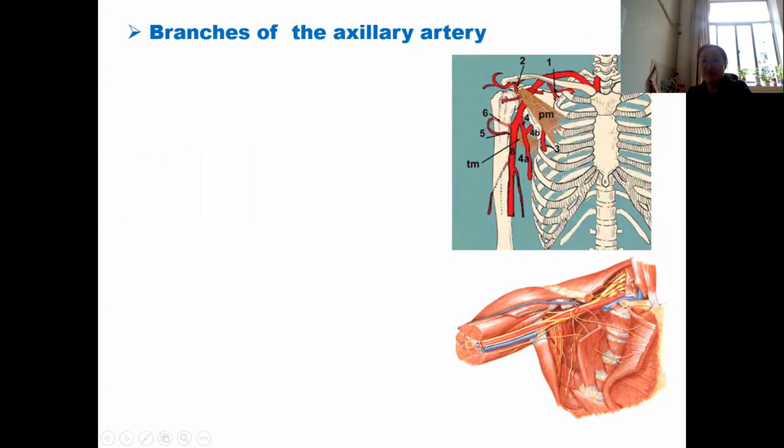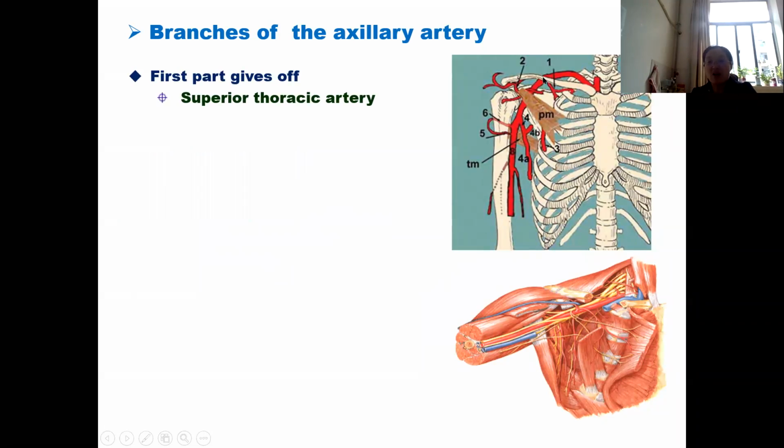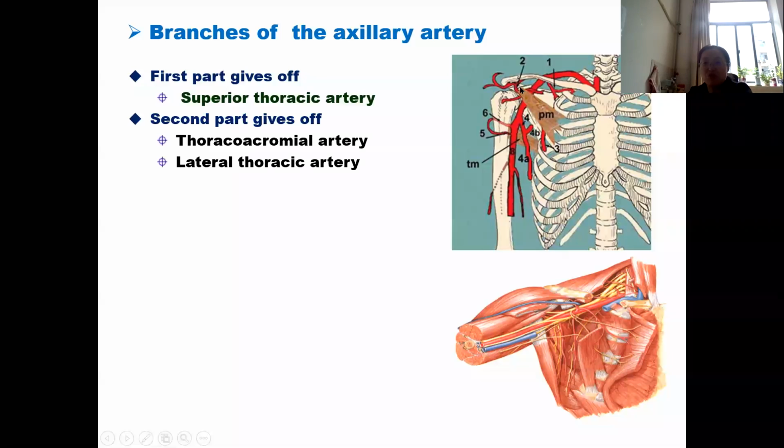The first part gives 1 branch, the superior thoracic artery, which supplies the first and second costal ribs. So that is the first segment. The second segment, just behind the pectoralis minor, gives off 2 arteries, and number 2 is the thoracoacromial artery.